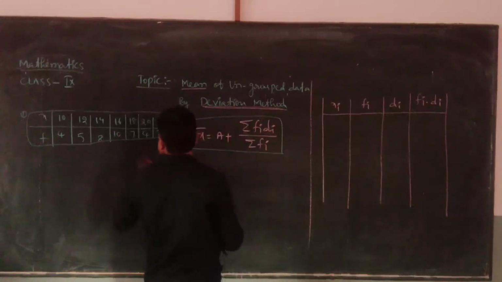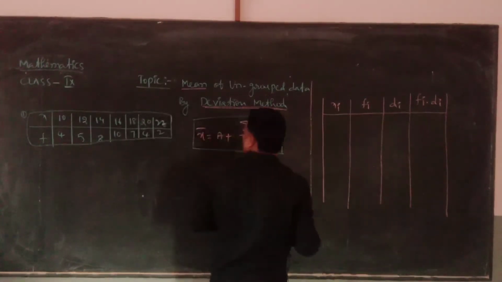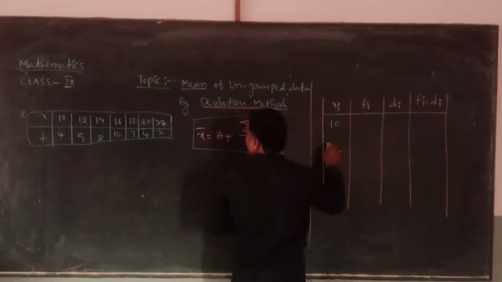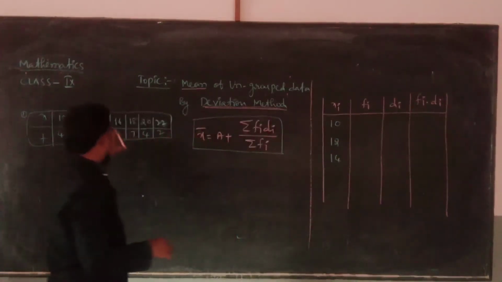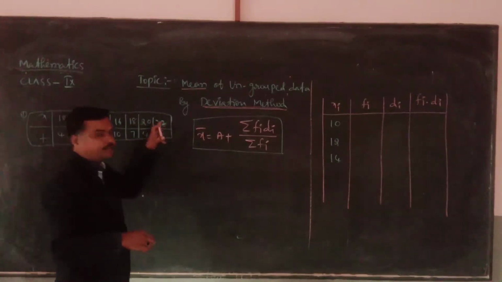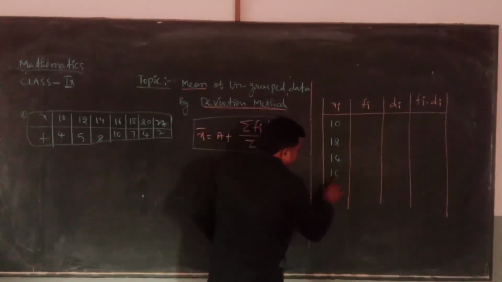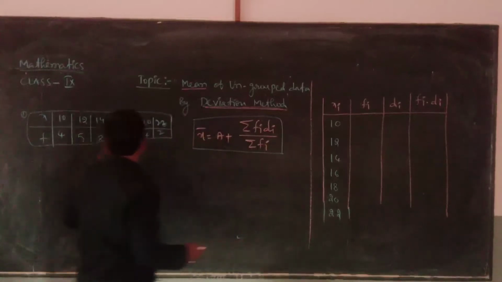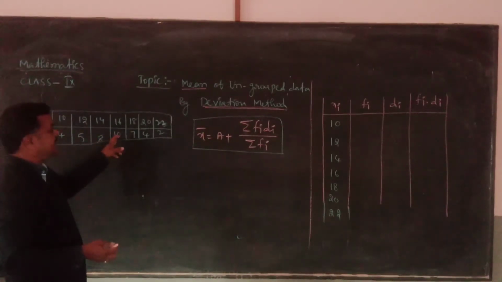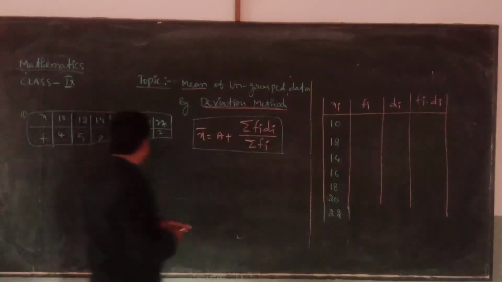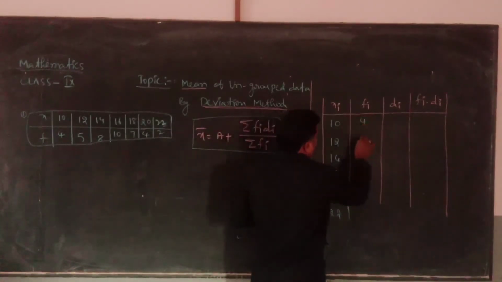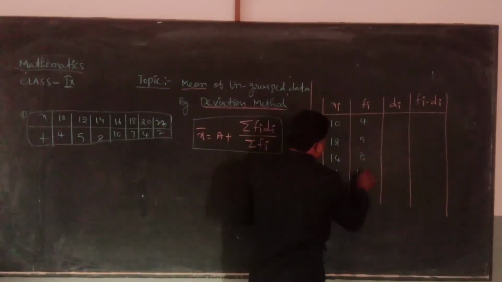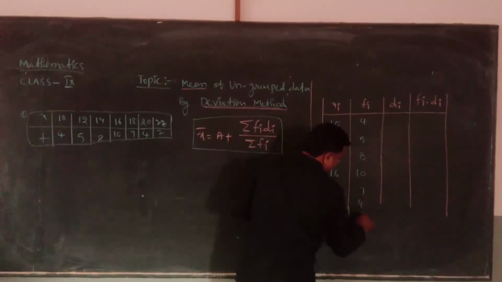The xi values are given 10, 12, 14, 16, 18, 20, 22. Fi is given 4, 5, 8, 10, 7, 4, 2.